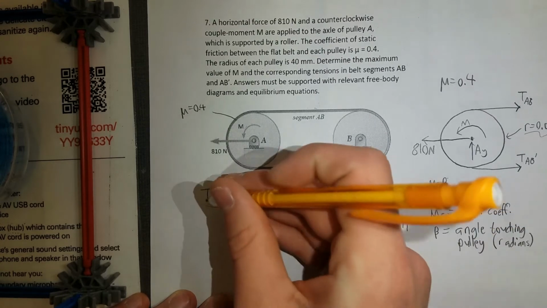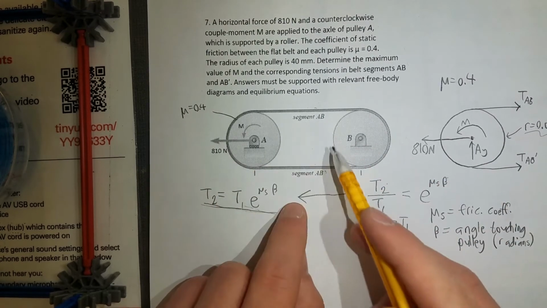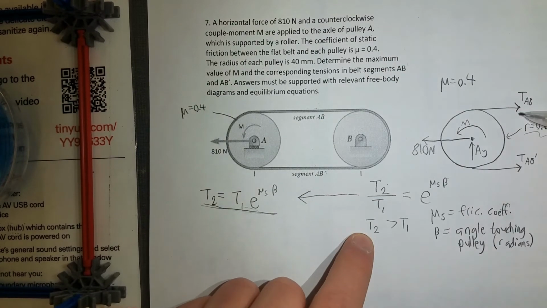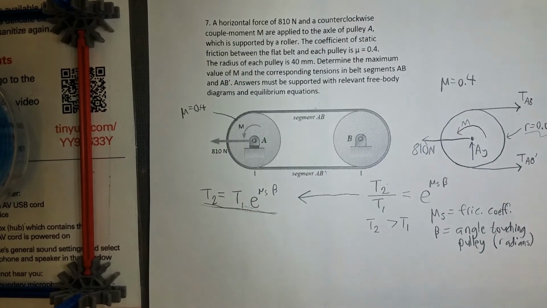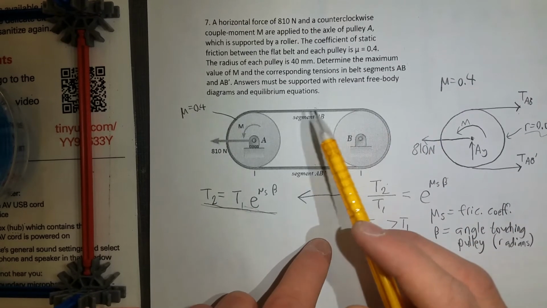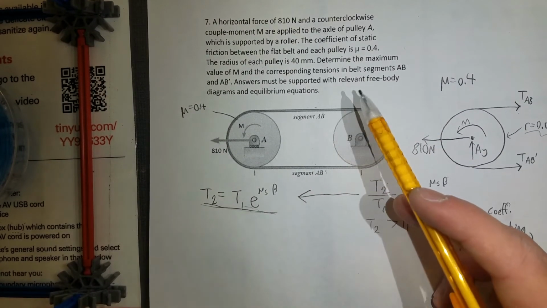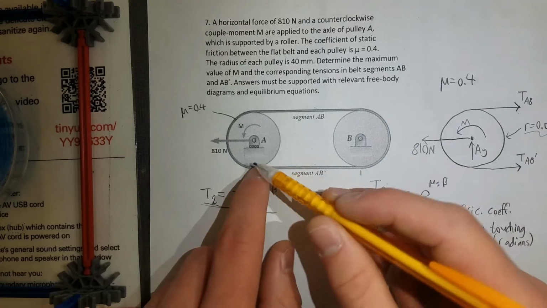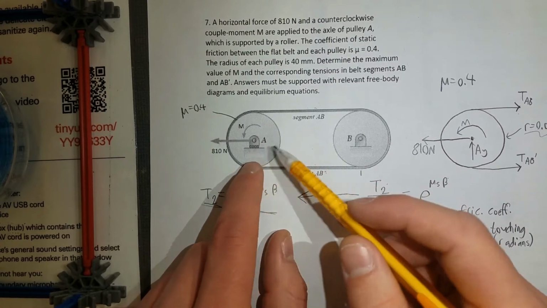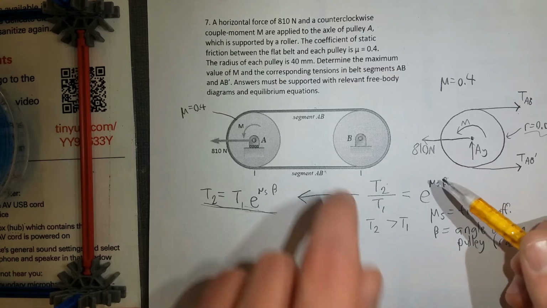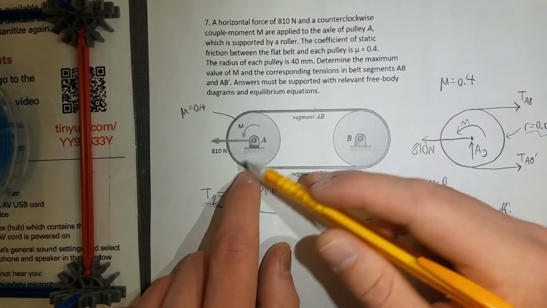Now, out of these two tension forces that we have, TAB and TAB prime, we need to know which one is going to be the bigger value. That's where this gets a little tricky and more conceptual. You need to be careful with what you're looking at. Essentially, we're trying to see if the belt is slipping on this pulley, and in what direction it would slip if it were at impending motion.